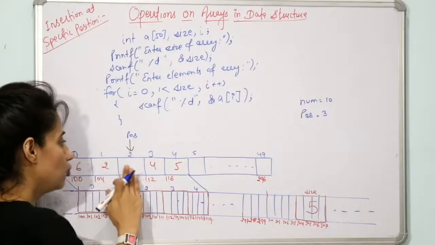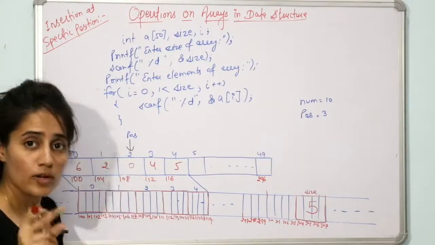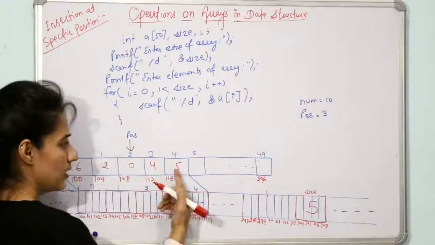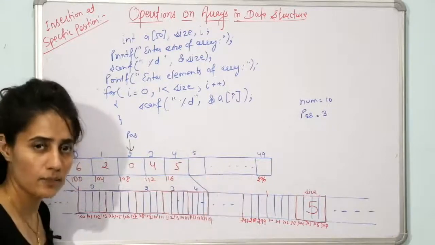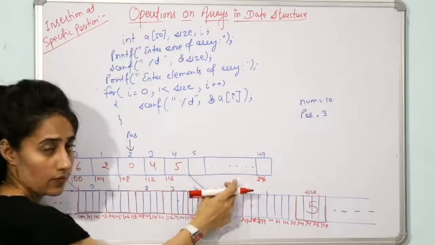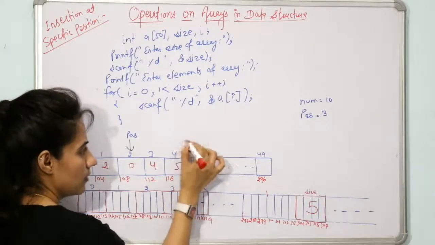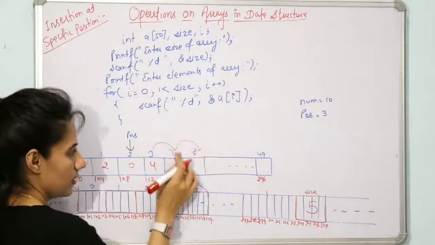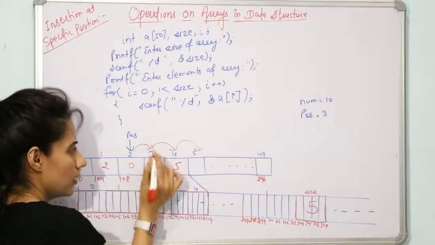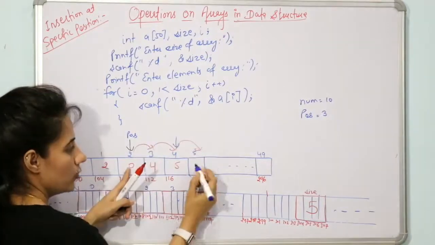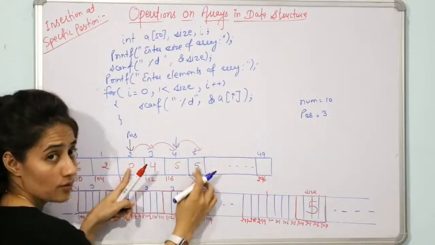So you cannot do this directly. So another approach is what? You can shift these elements to the right side. Fine, because we still have space left in the array. So you can shift this 5 here, then this 4 here, then this 0 here. So here you can write this 5 after shifting.